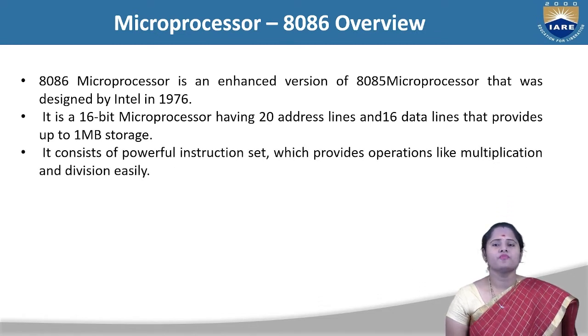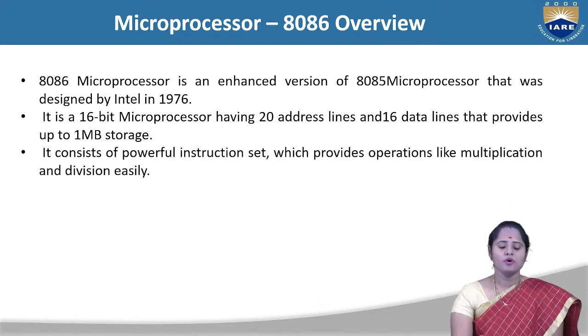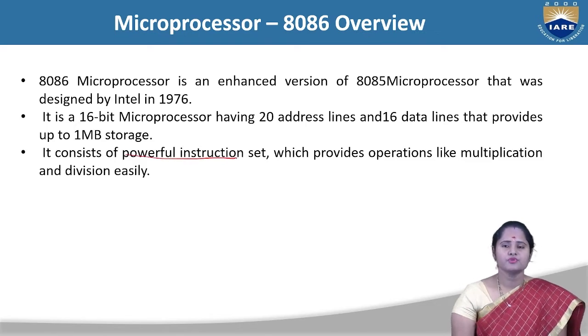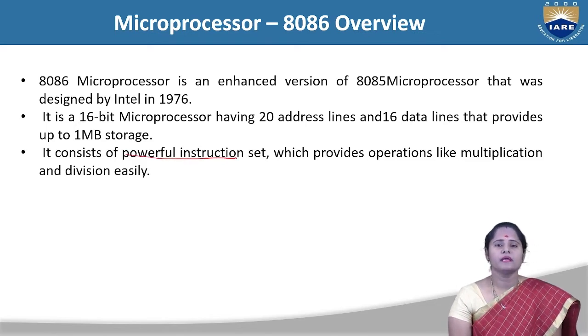And it consists of powerful instructions. What is a powerful instruction? In order to perform any operations, as we said, a microprocessor is an ALU device. ALU means all the arithmetic and logical operations can be done.